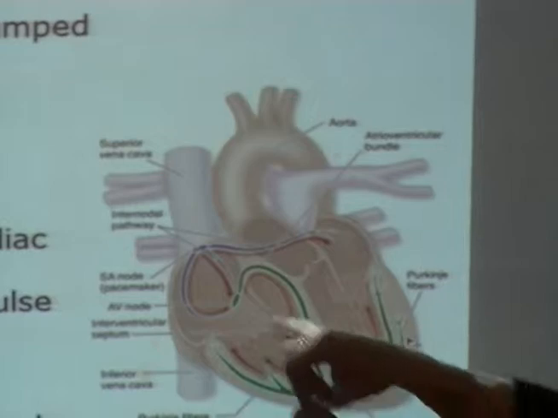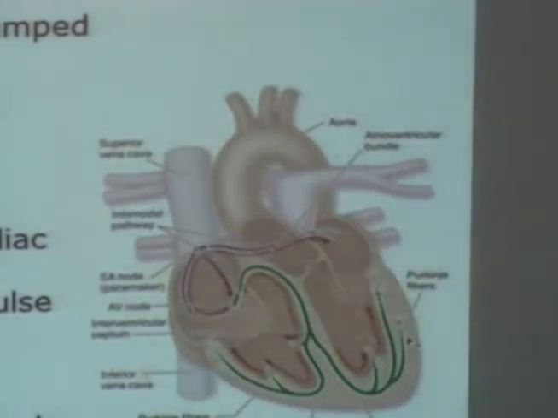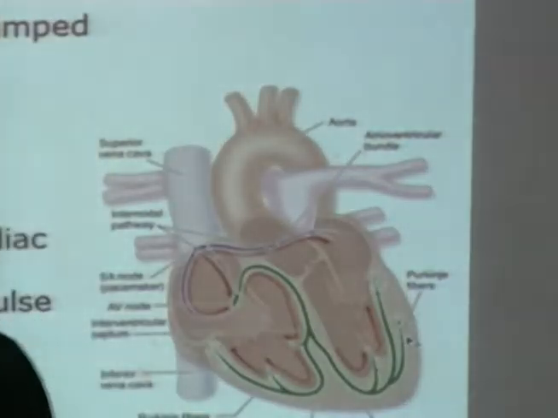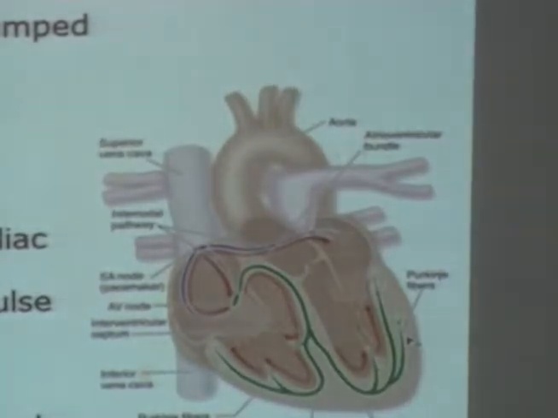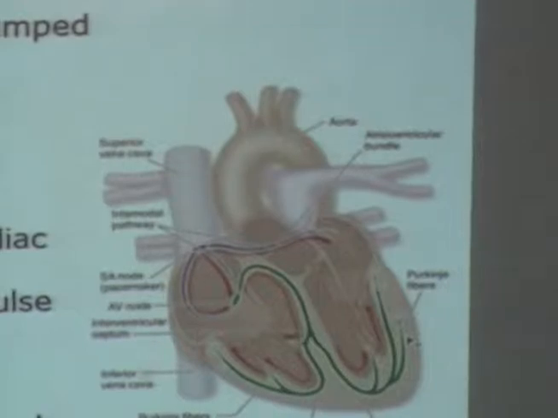Okay. So the SA node, the pacemaker, stimulates a heartbeat that is about 100 beats per minute. And so while we're sitting here at rest, our heart rate is not 100 beats per minute.